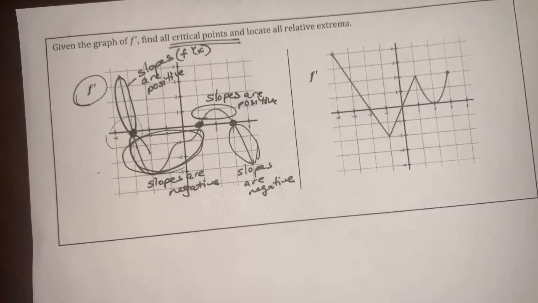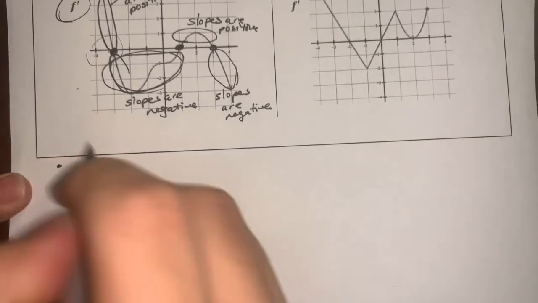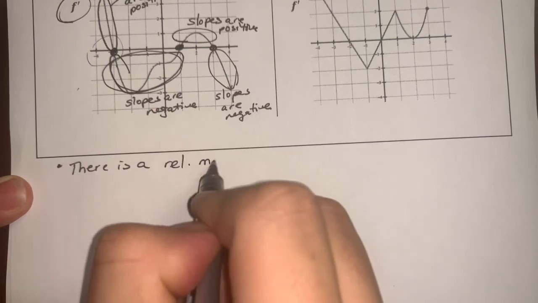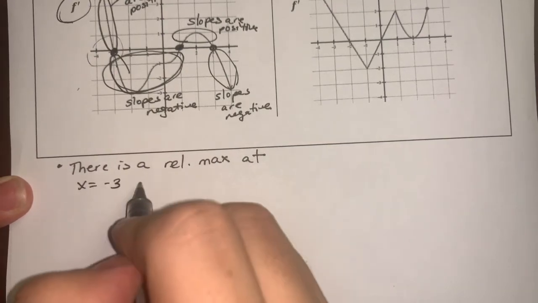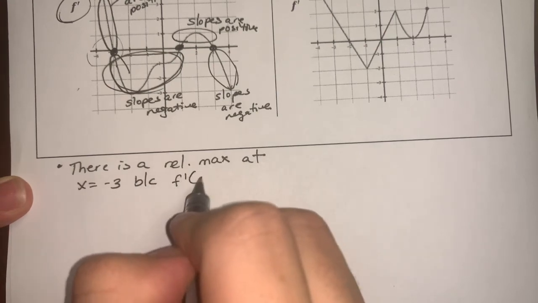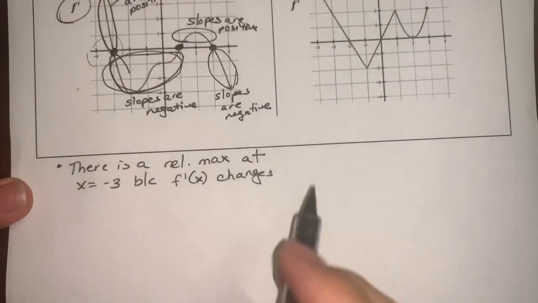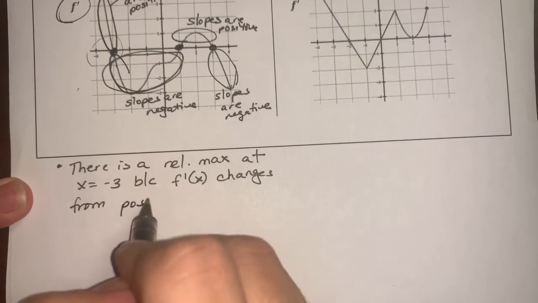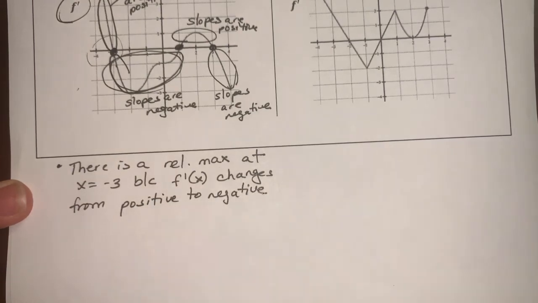Okay? So when we want to go ahead and write it out, here it says there is a relative maximum at x equals -3 because f prime of x changes from positive to negative.